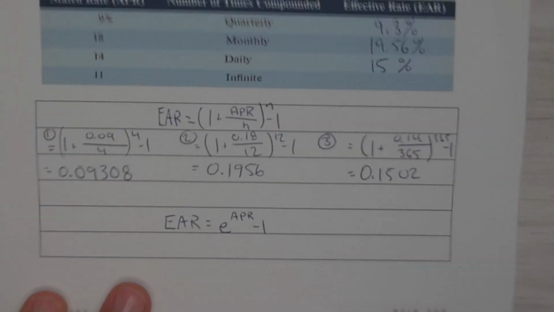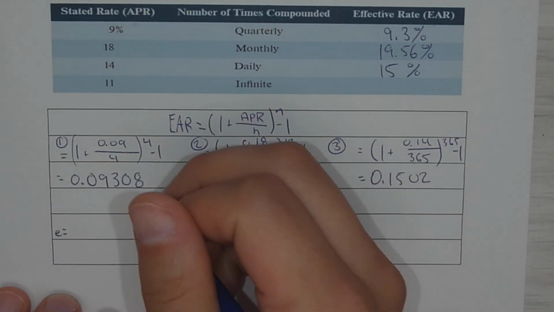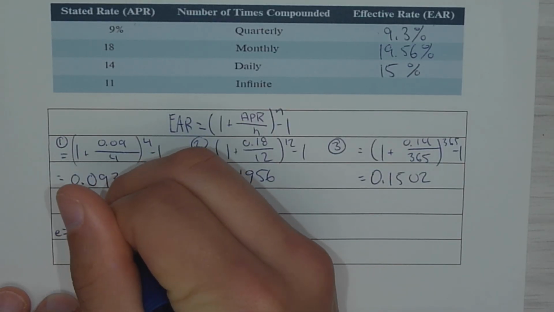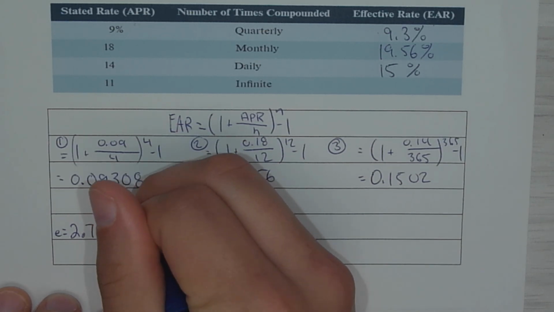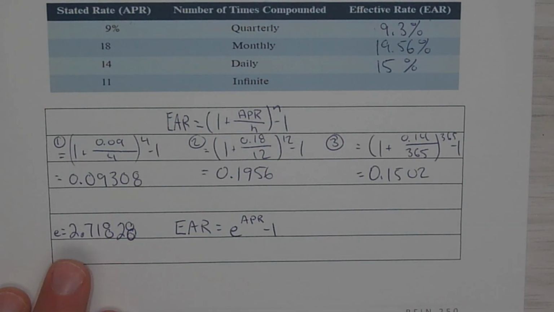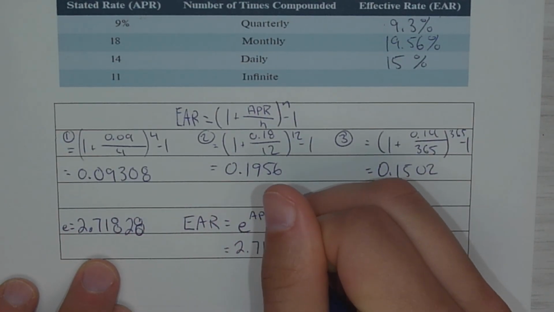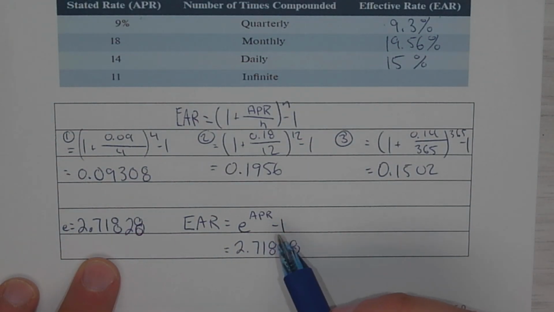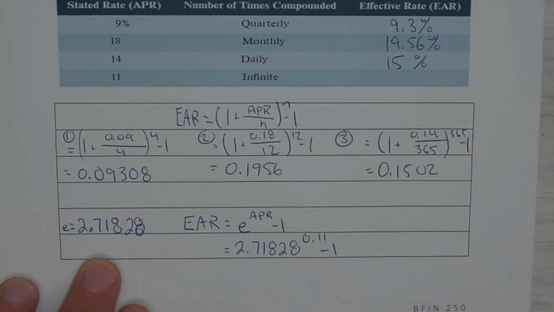And e is always going to be 2.71828. This will be given to you on the exam if you have to do this. So it equals 2.71828 to the power of 0.11 minus 1.